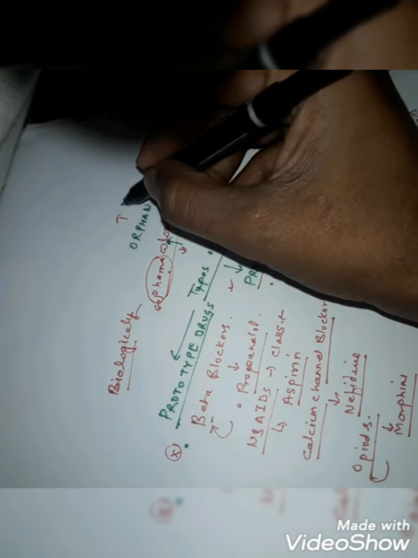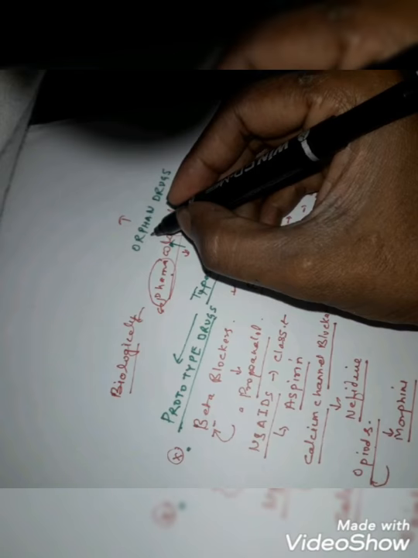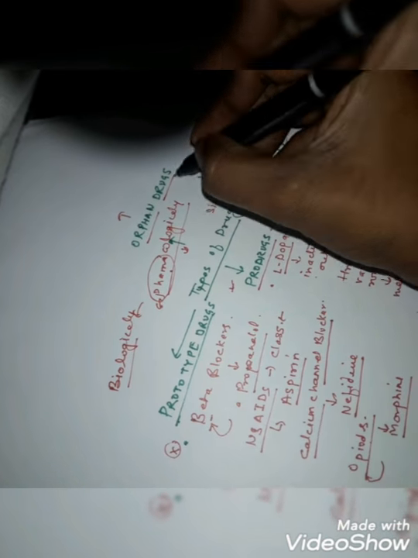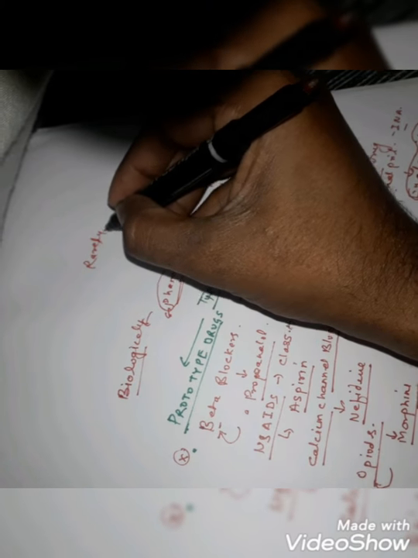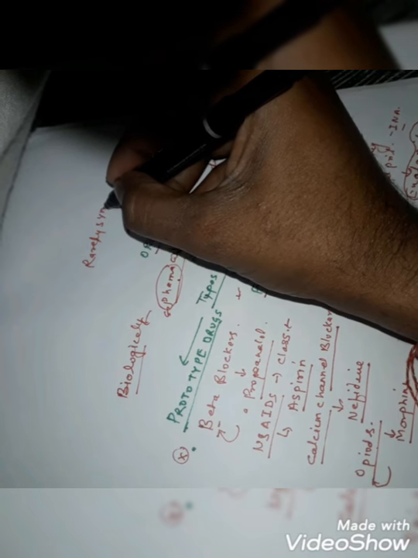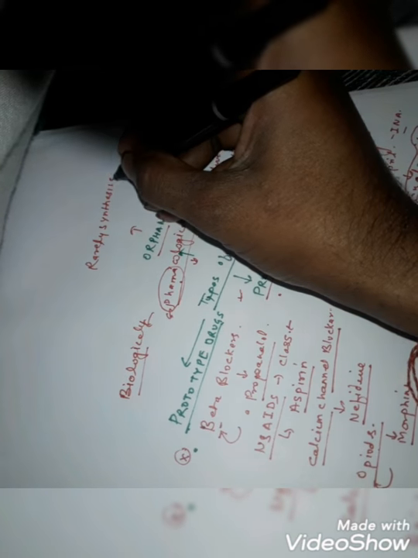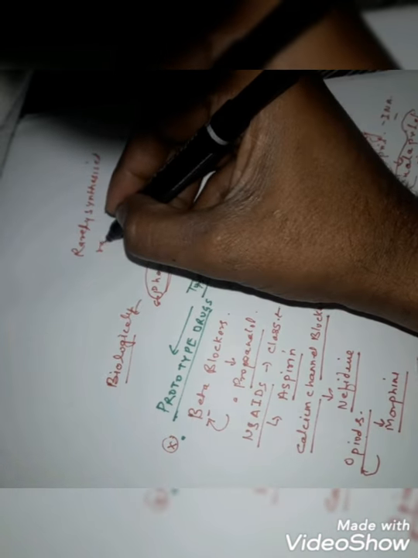One drug type is remaining: orphan drugs. Orphan drugs are very rarely synthesized, because these drugs are used for rare diseases.